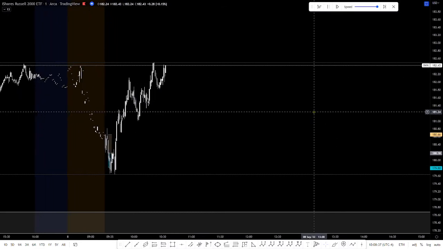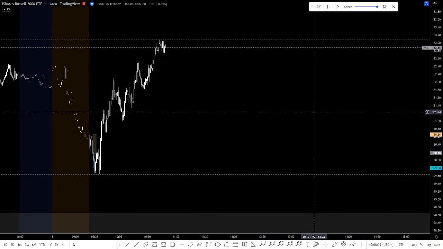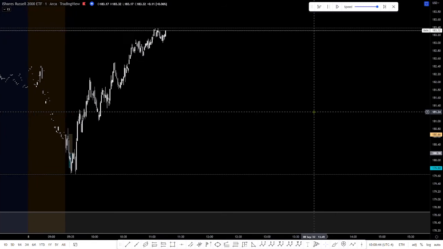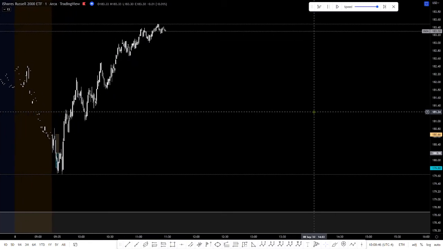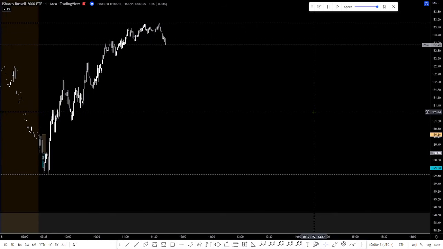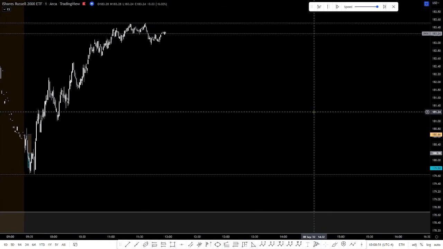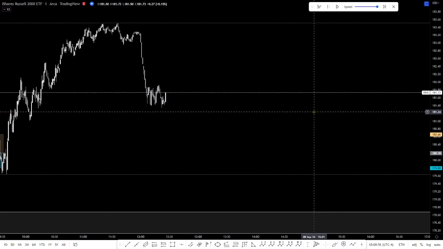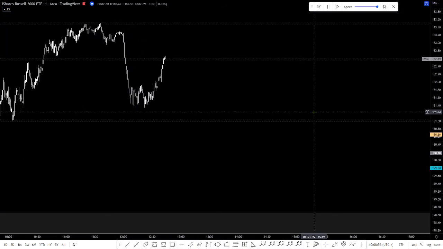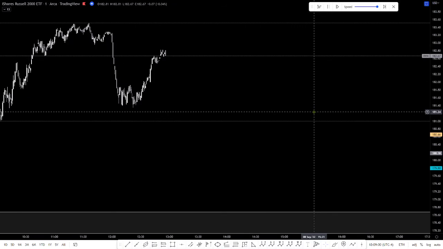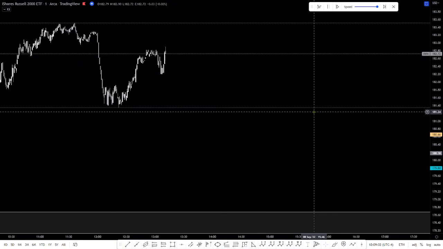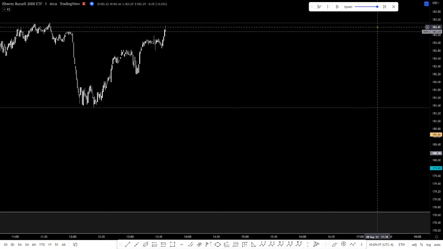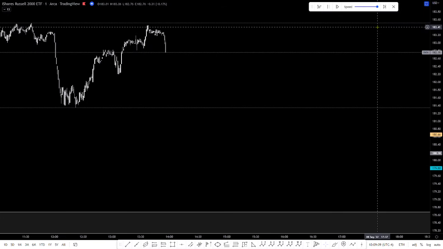Order block down here. See if price comes back to 181.24. And then it takes off. Or you get an order block here, which comes right back to, and do we reject?